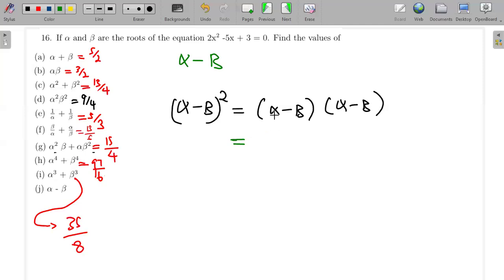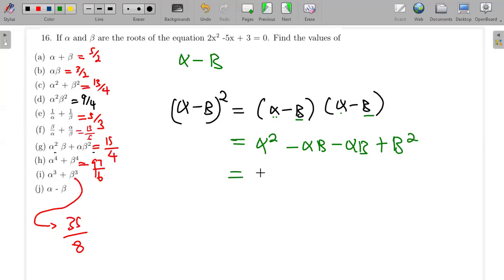So this will be equal to alpha multiplied by alpha, I get alpha squared. Alpha multiplied by minus beta, I get minus alpha beta. And then minus beta multiplied by alpha, I get minus alpha beta. Minus beta multiplied by minus beta, I get plus beta squared.